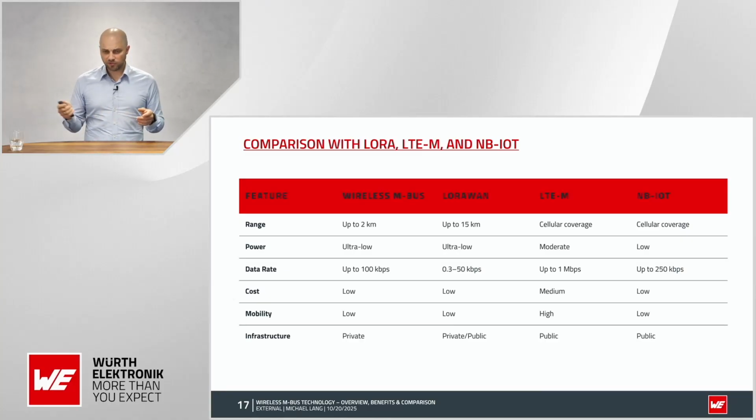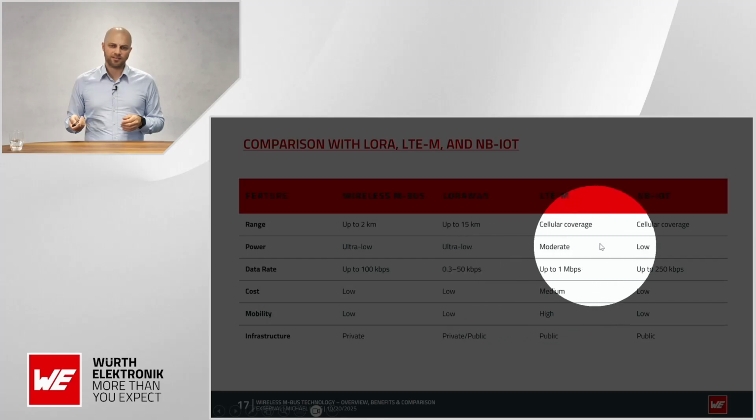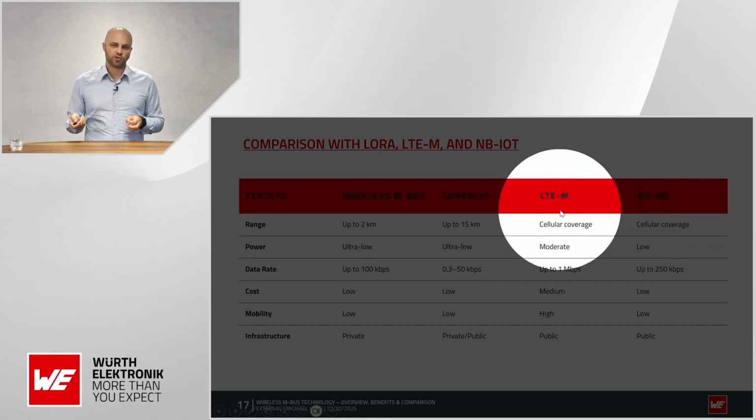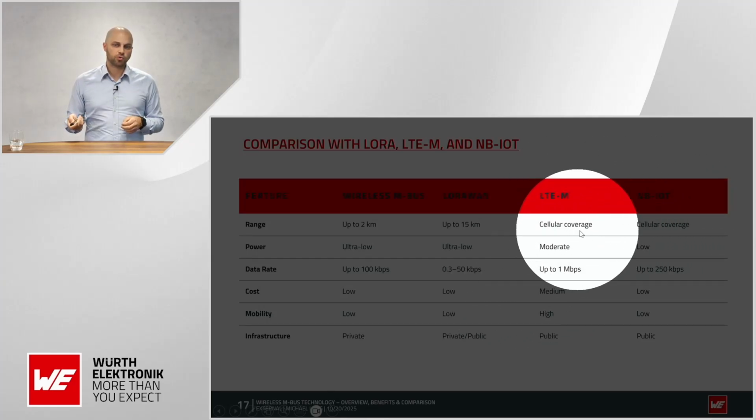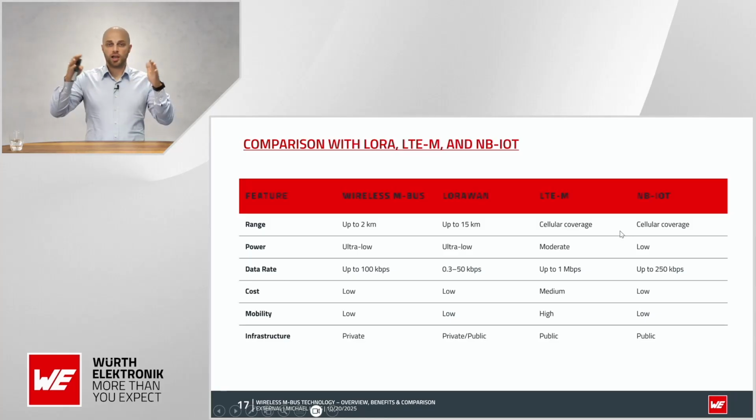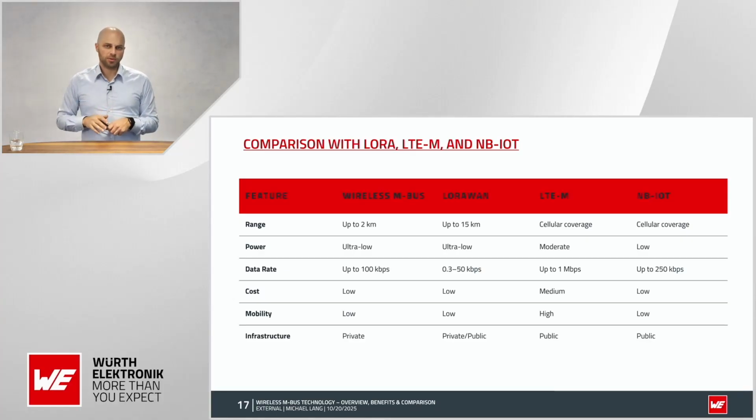And so now we come to the comparison, and the main advantage of the cellular solutions, of course, is the coverage. You do not have to do something like placing a gateway. There is cellular coverage, and you can use this directly. So you can place a single meter somewhere or hundreds of them.